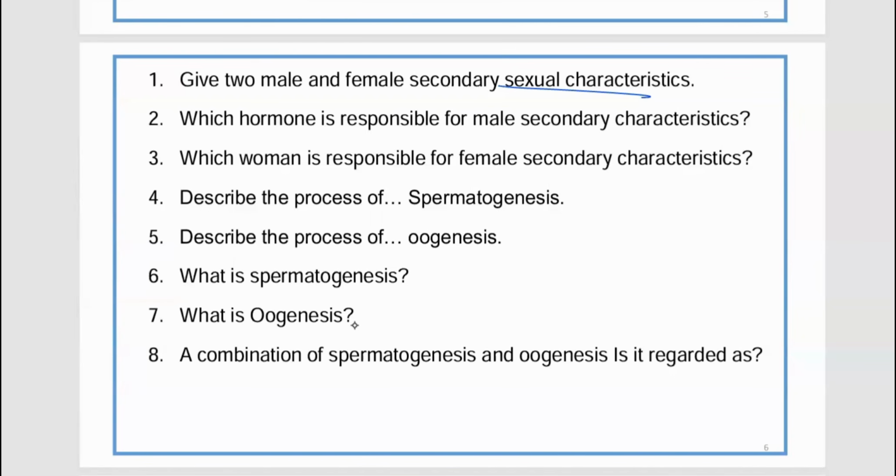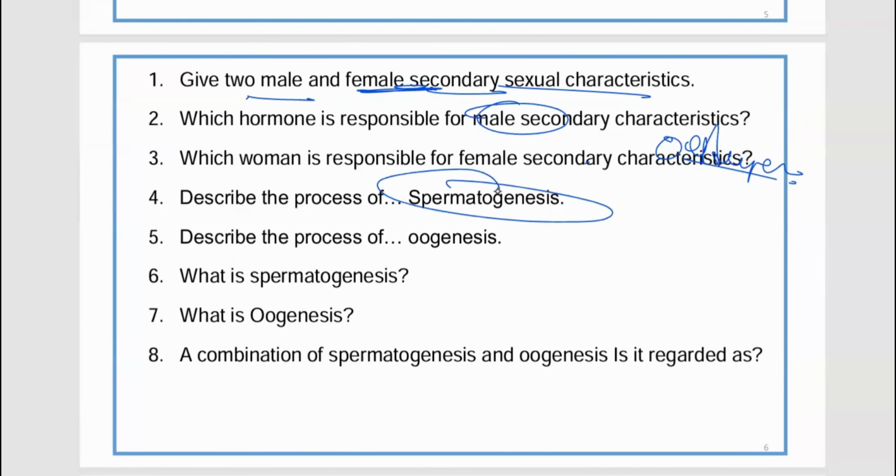So it depends on whether it's a male or a female. Which hormone is responsible for secondary sexual characteristics in male? That is testosterone. And for female, that is estrogen.